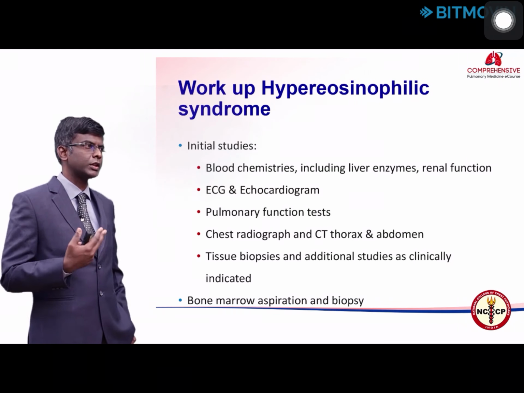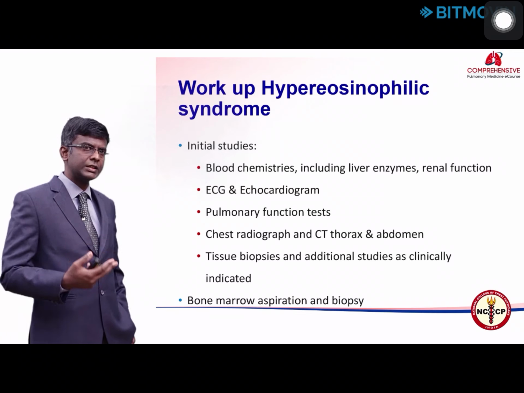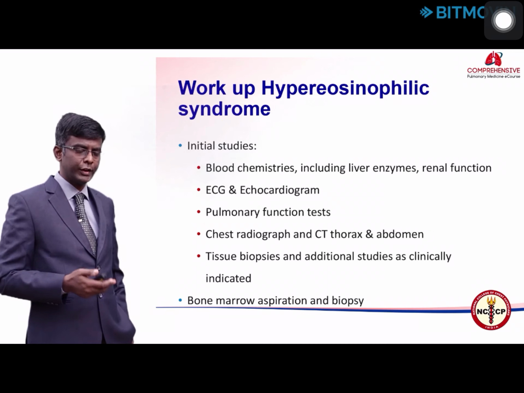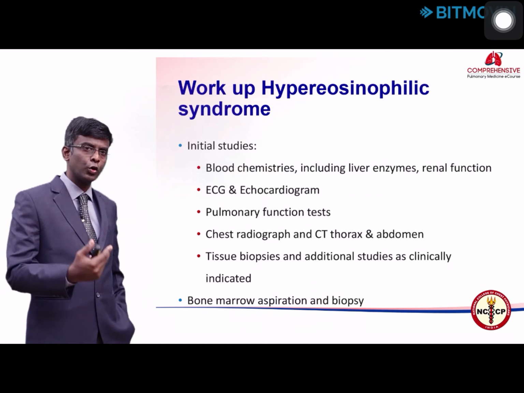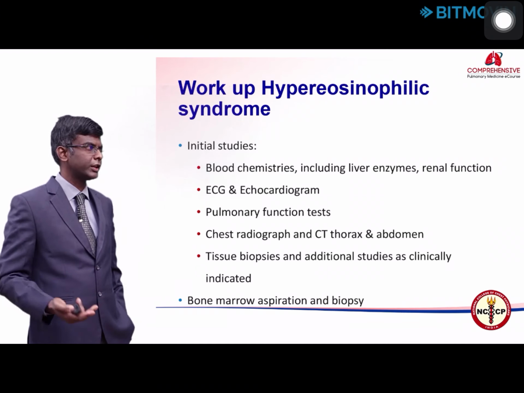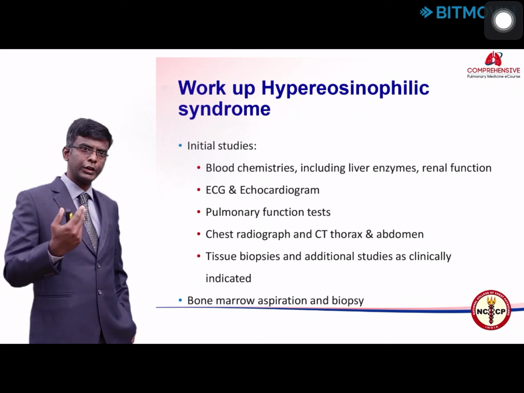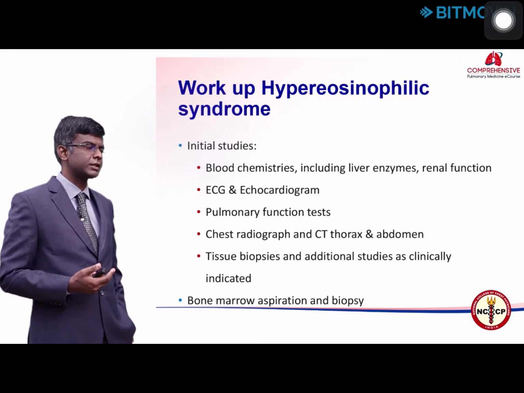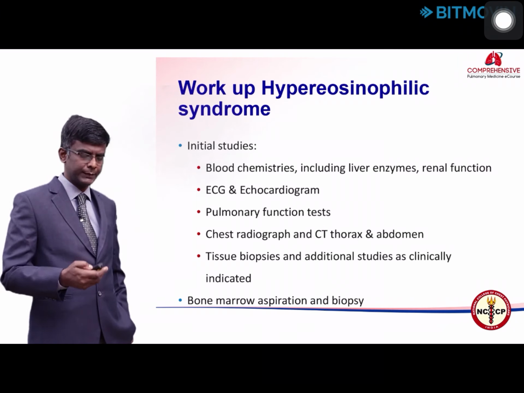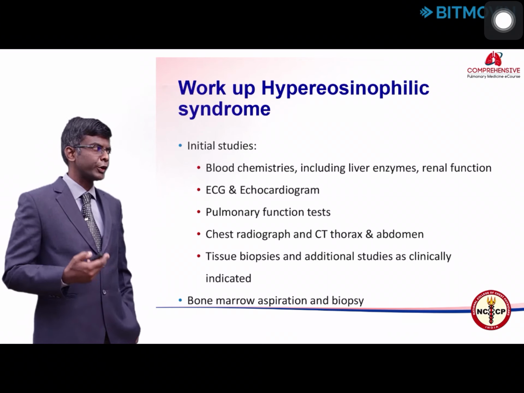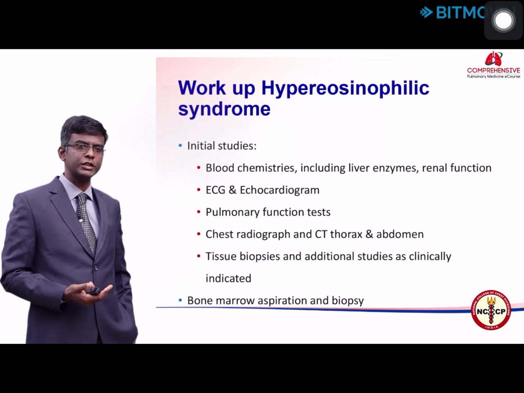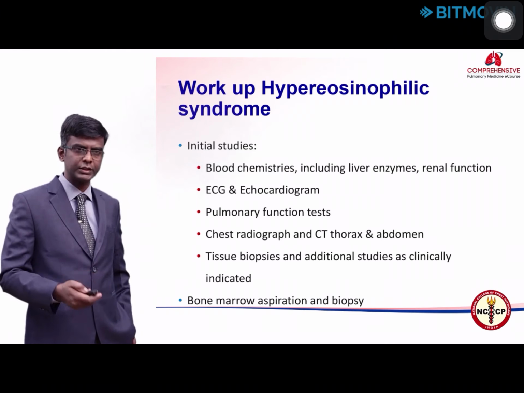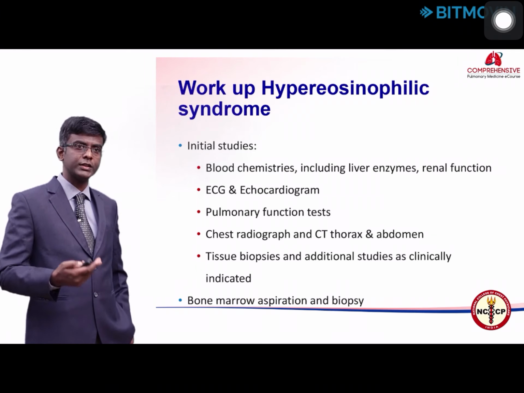You need to do thorough blood chemistries, ECG and echocardiogram because cardiac involvement causes mortality, pulmonary function test, whole body CT scan to find out any neoplasm, tissue biopsies and additional studies as clinically indicated. Bone marrow aspiration and biopsy should be done, and this biopsy specimen has to be sent for immunohistochemical studies and molecular analysis for mutations.